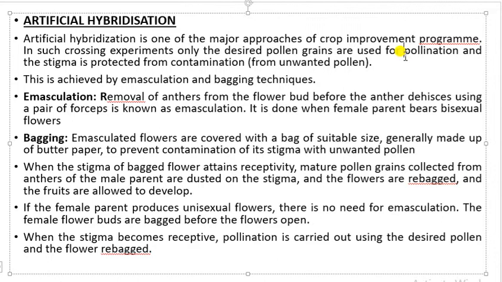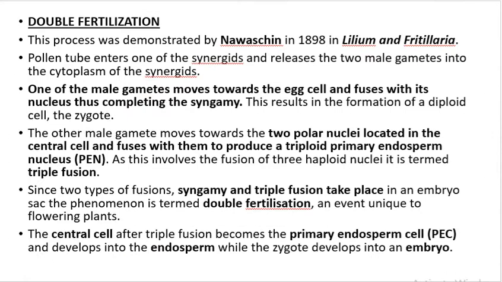So this is a technique where the anthers are removed in the initial stage before the pollination takes place, and the stigma is covered with butter paper so that it can be protected from unwanted pollens. So emasculation and bagging technique are the two main techniques involved in artificial hybridization.